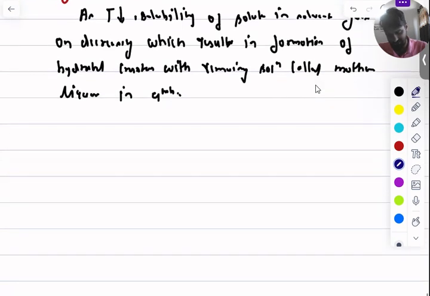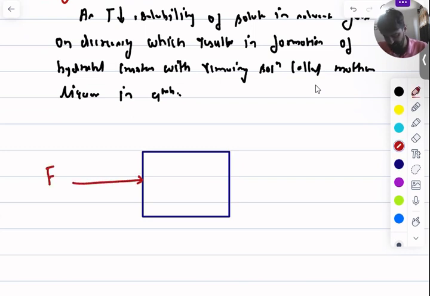So generally what is happening, just try to understand. Let's say there is a crystallization unit, and you are supplying a feed which contains a solution. If I assume the mole fraction of solute in the feed is XF, then when you decrease the temperature, it is going to form a hydrated crystal.